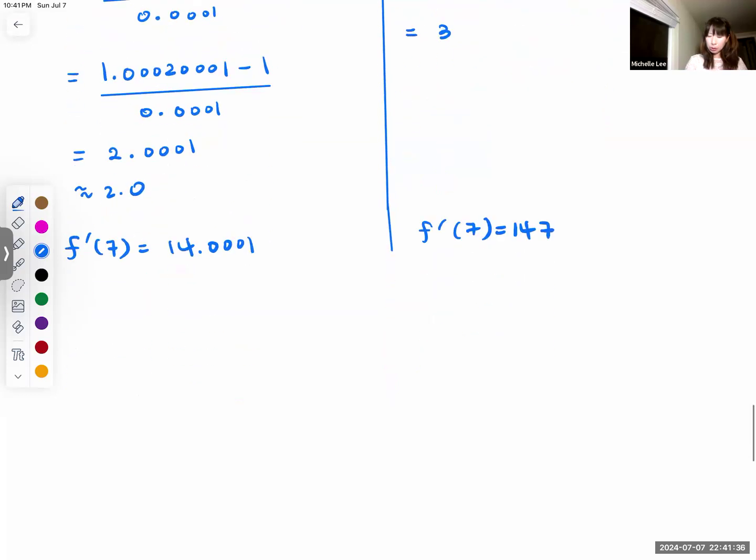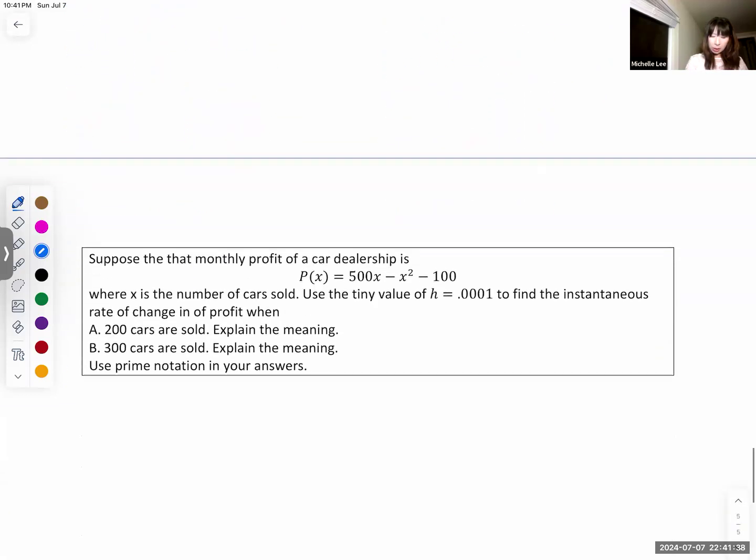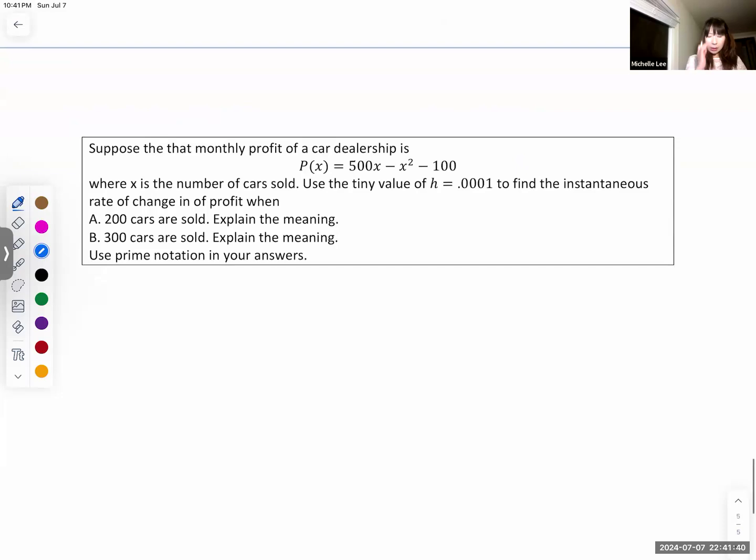Okay, let's do this one. Suppose the monthly profit of a car dealership is P of X equals 500X minus X squared minus 100, where X is the number of cars sold.